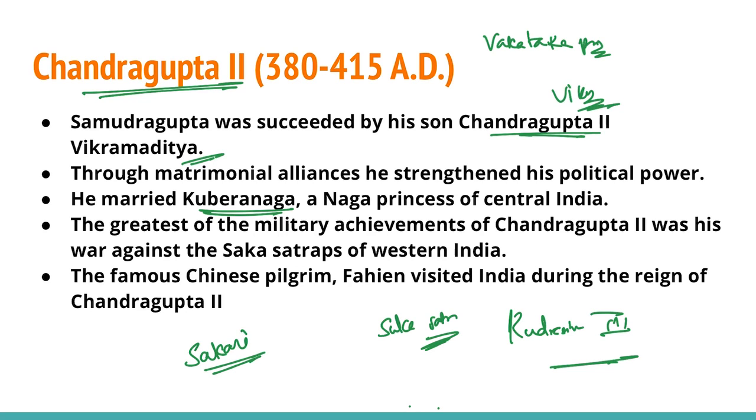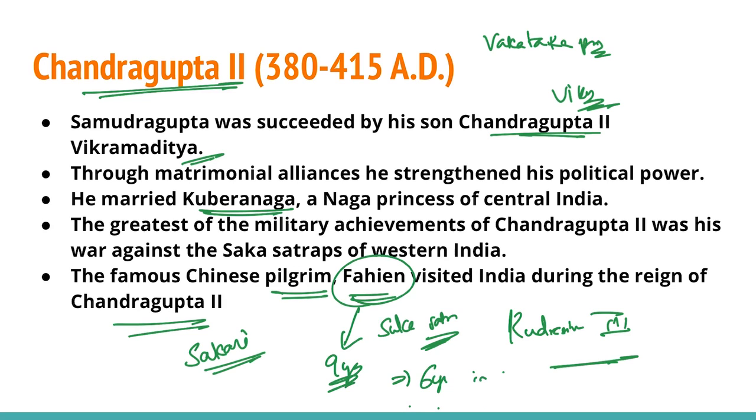As a result of this conquest of western India, the western boundary of the empire reached the Arabian Sea, which gave access to Broach, Sopara, Cambay and other seaports, and this enabled the Gupta Empire to control trade with the western countries. The famous Chinese pilgrim Fa Hien visited India during the reign of Chandragupta II. Fa Hien stayed in India for 9 years, and he spent 6 years in the Gupta Empire.